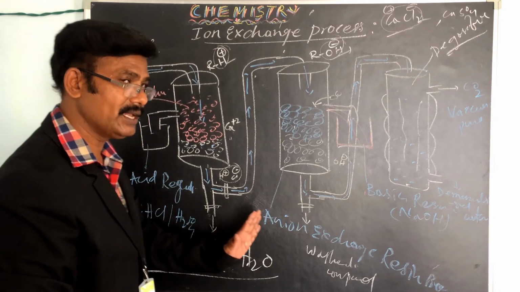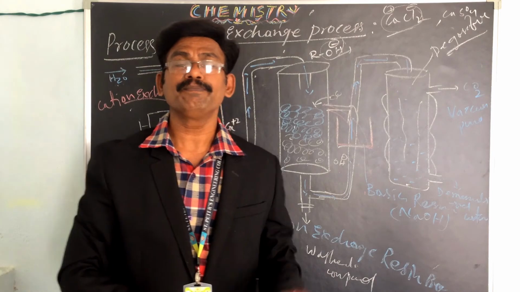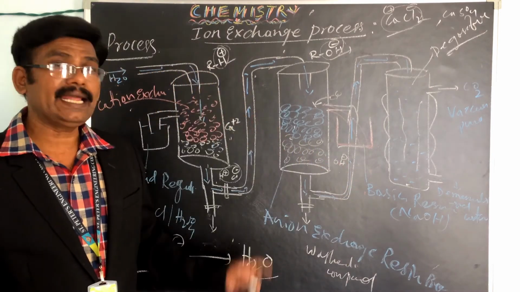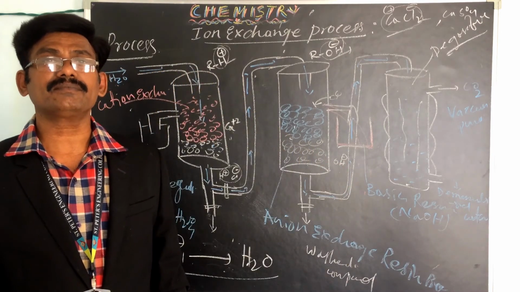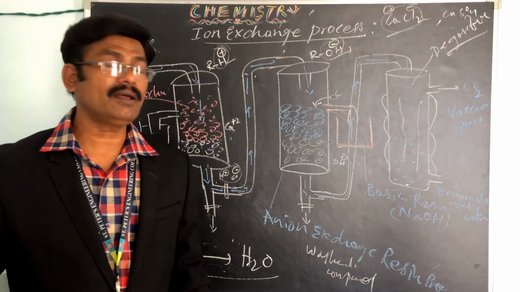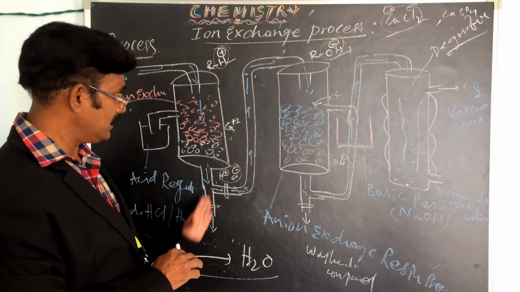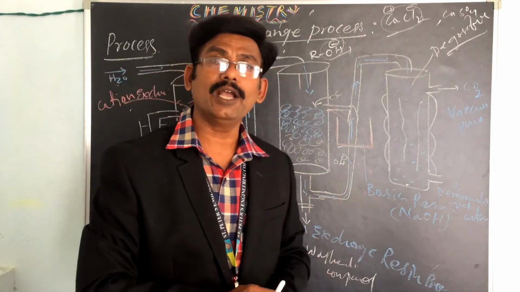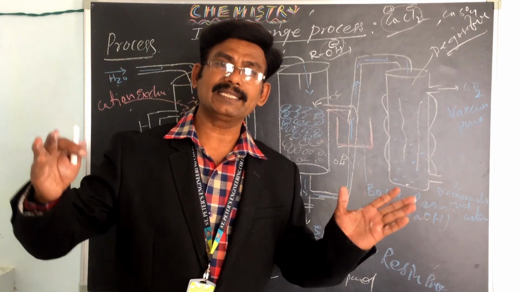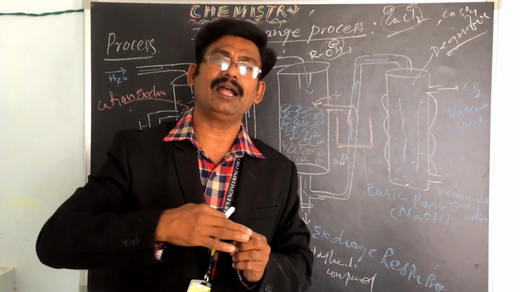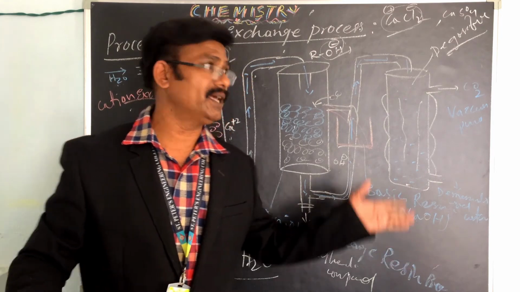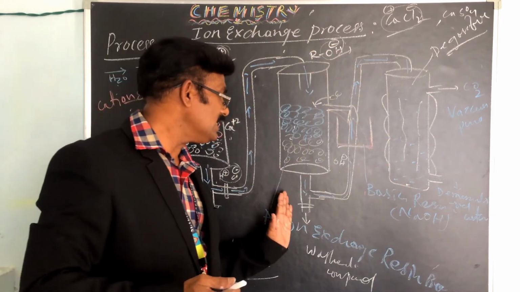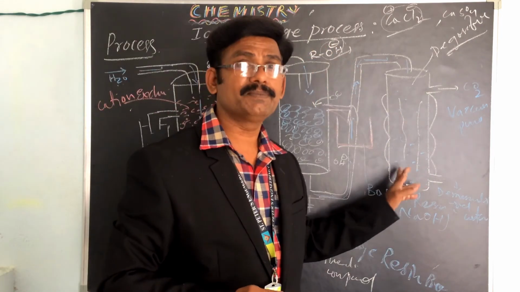This is the purification. In the cation exchange resin column, H plus ion is released, and in the anion exchange column, OH minus ion is released. So H plus and OH minus combine to form water, and this is slowly passed through the degasifier.